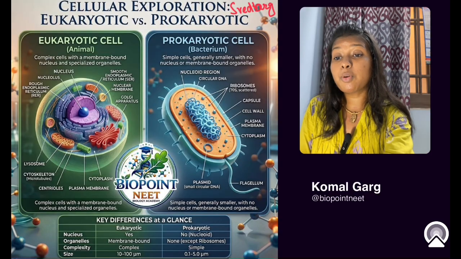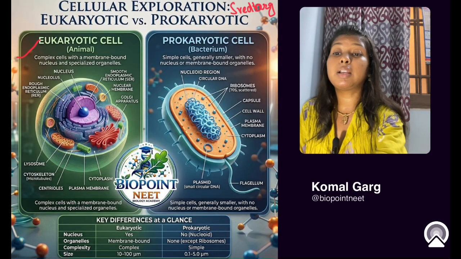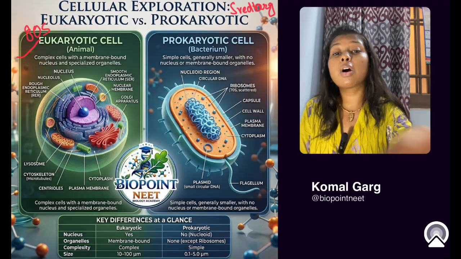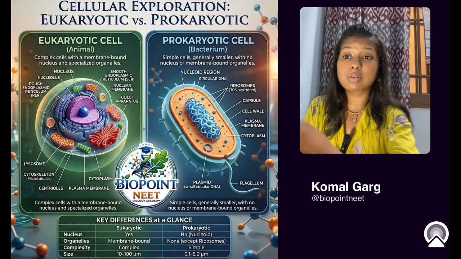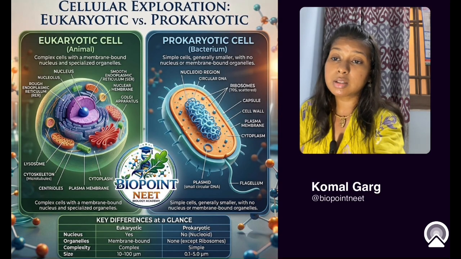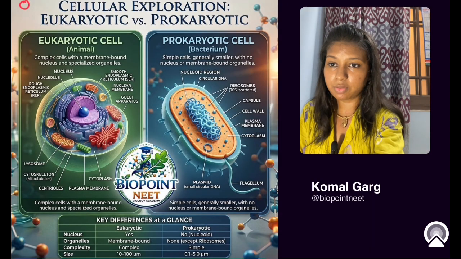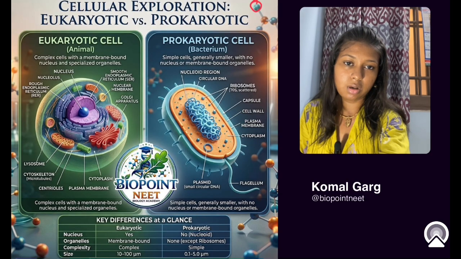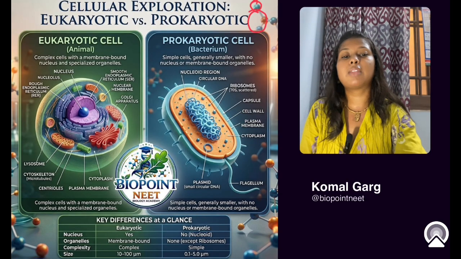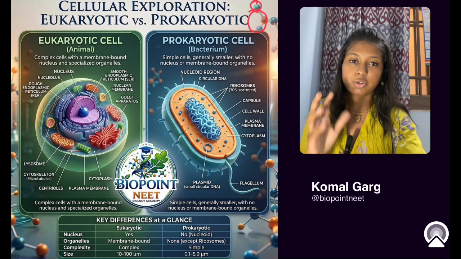The type of ribosome in the eukaryotic cell is 80S. Now what is the basic structure of a ribosome? In the ribosome there is a small part and a larger part. That is the typical structure of a ribosome.